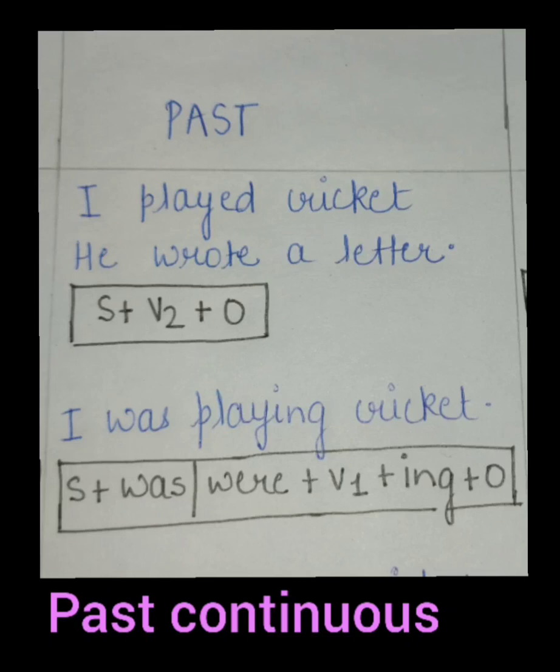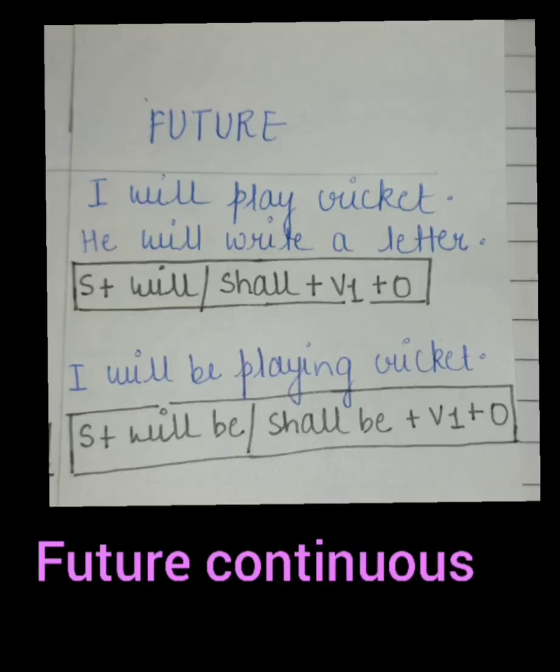Okay. So now let's move to future continuous. Now students, future continuous tenses will be those actions which will be continued in the future. For example, I will be playing cricket. Okay, here you are using will be. It means you will play cricket when? In the future. So I will be playing cricket.